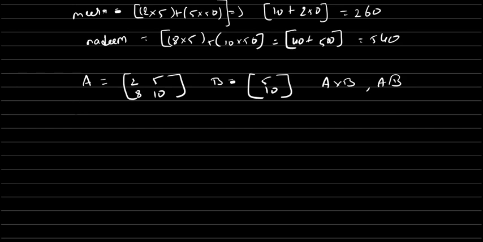We have 2 columns in the A matrix and 2 rows in the second matrix. So the condition is satisfied, and we can proceed further. Here the order of A is 2 into 2, and B is 2 into 1. If anybody asks to add these matrices, it is impossible, since the two matrices have different orders.